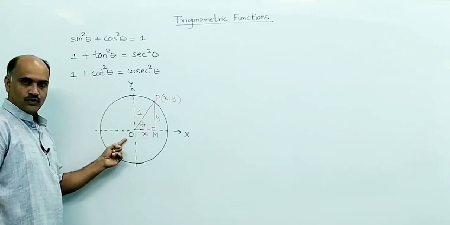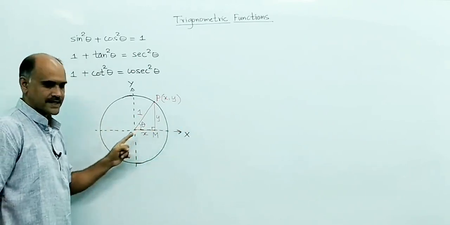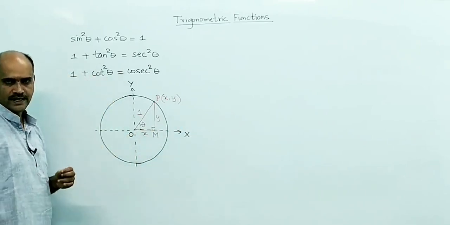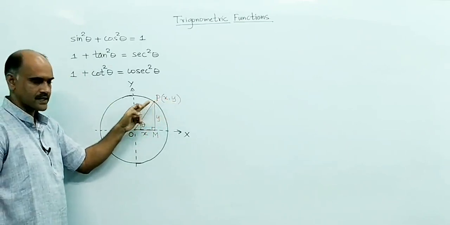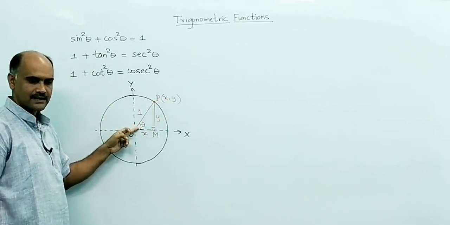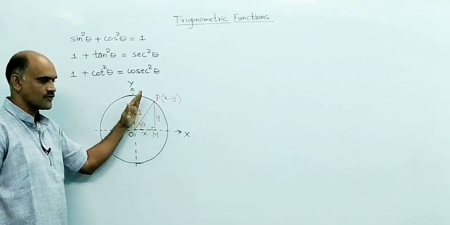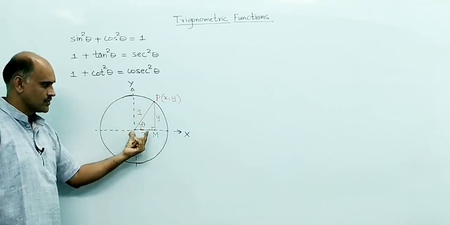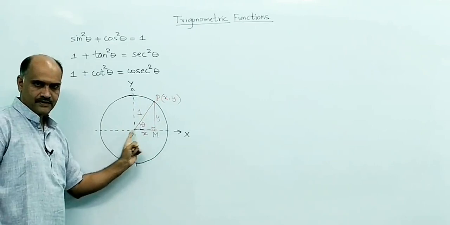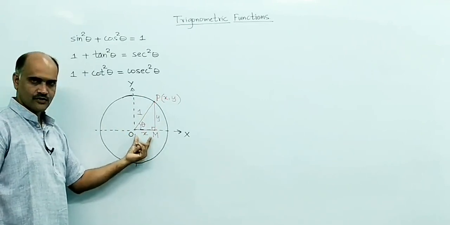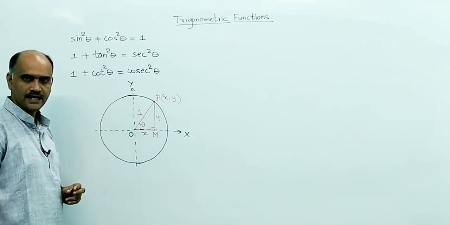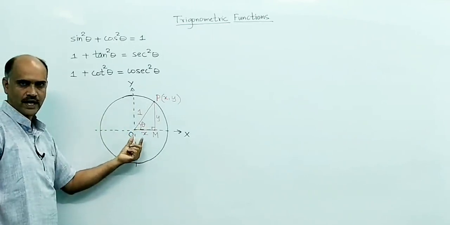Take O as origin, OX as the x axis and OY as the y axis. P(x, y) is a point on the circle making an angle theta with the positive direction of the x axis. PM is perpendicular to the x axis, therefore OM is equal to x and PM is equal to y.